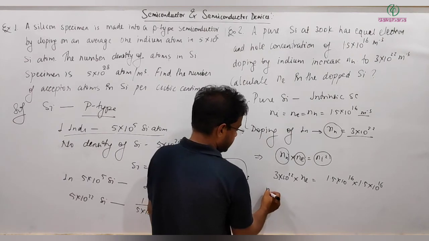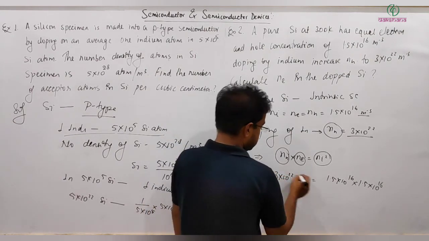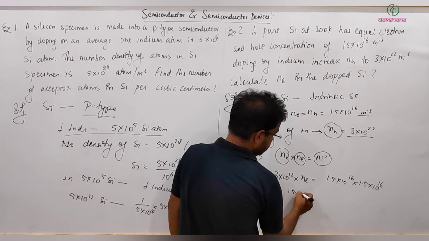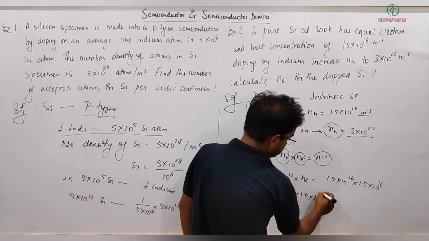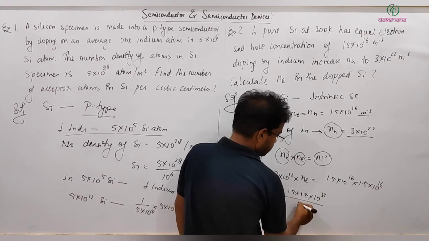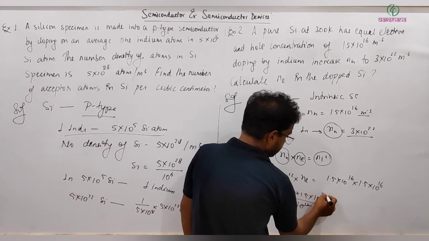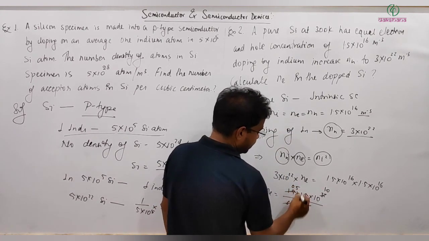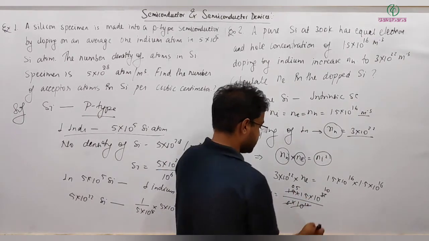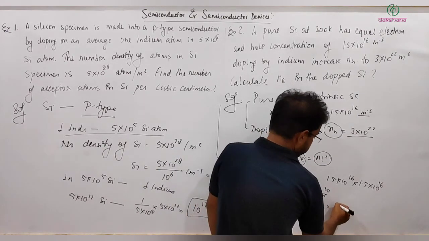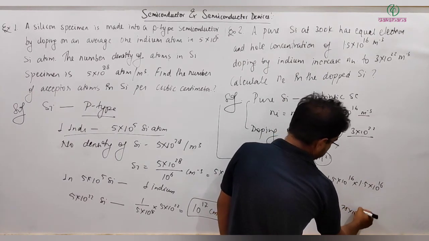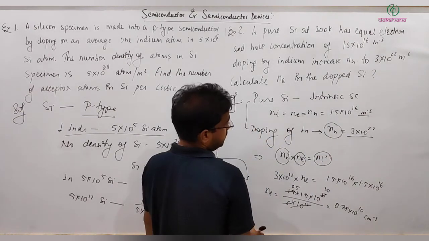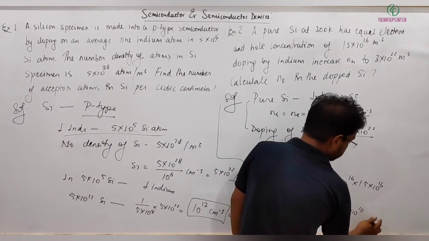Now I can solve easily, and Ne is coming out to be 1.5 into 1.5 into 10 raised to power 32 divided by 3 into 10 raised to power 22, so it's 10 raised to power 10, and 1.5 divided by 3 is 0.5, so this comes out to be 0.75 into 10 raised to power 10 per meter cube.